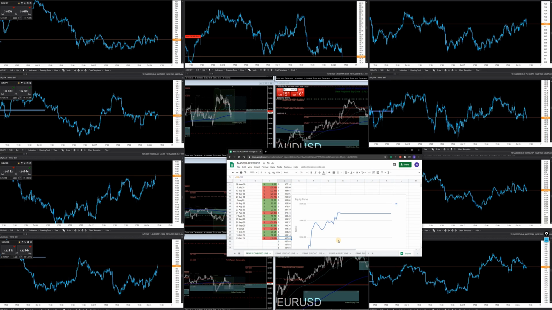Starting balance was 1,000, up 49% for the past 5 months since starting.